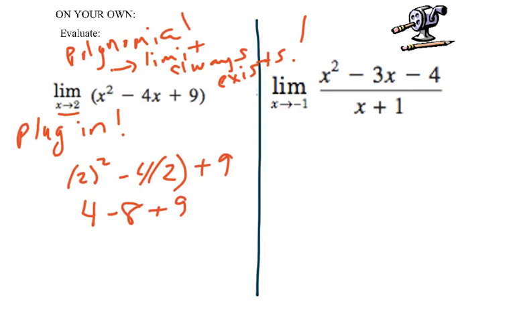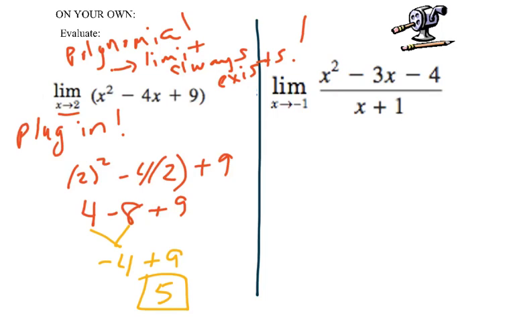Again, following our rules of PEMDAS, we are going to go left to right with our addition and subtraction. So 4 minus 8 is negative 4 plus 9. And we get an answer of 5. So let me write that again. We get an answer of 5. All right. Hopefully you agree with me. Hopefully that's what you got as well.